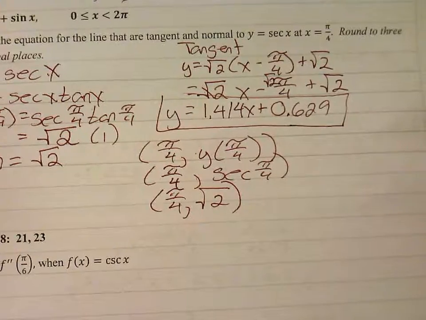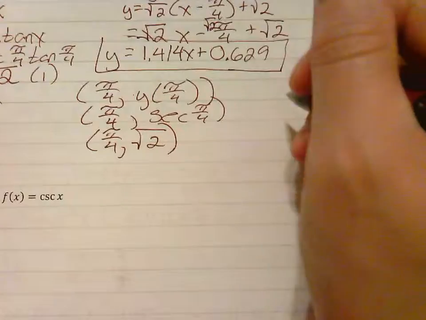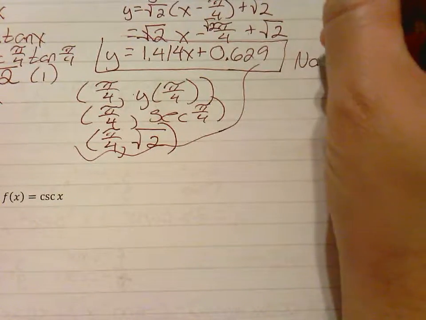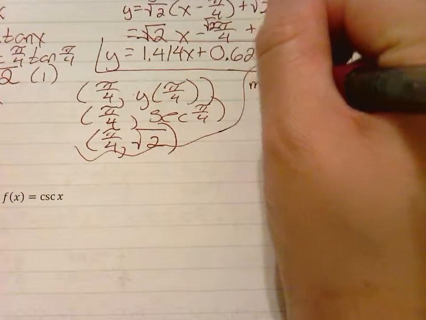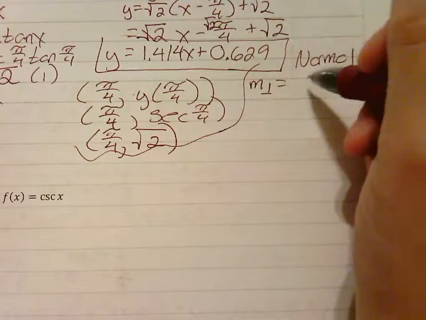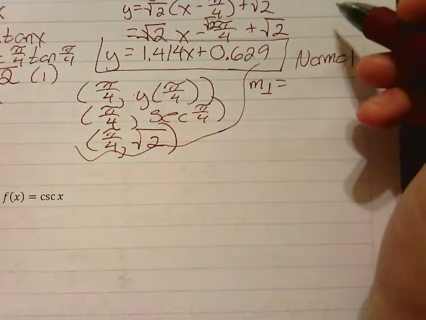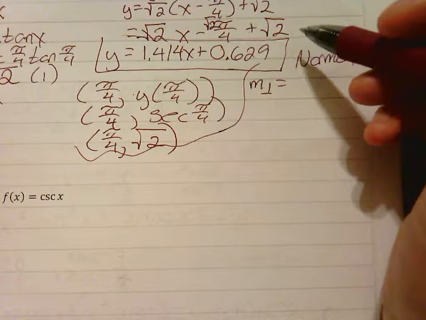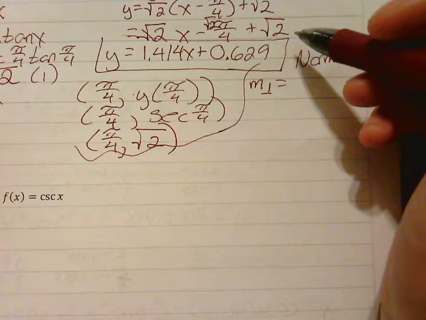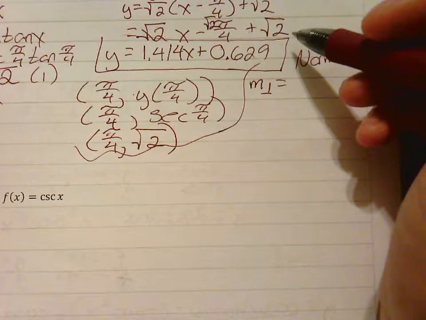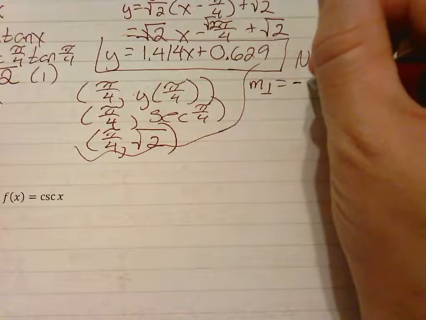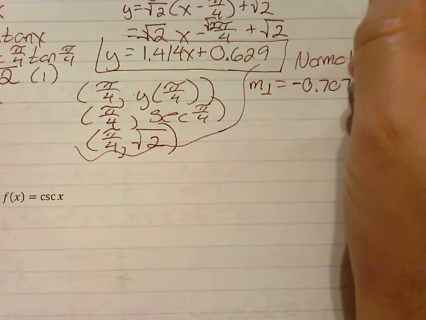The normal line, your slope is going to be negative 1 over 1.414. So your slope is going to be negative 0.707.